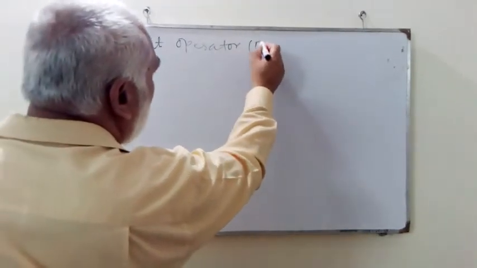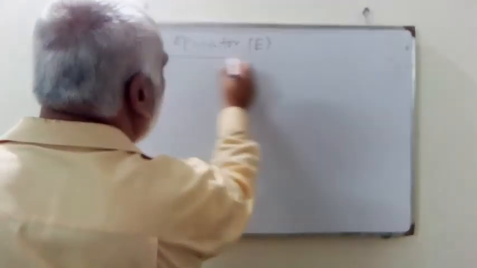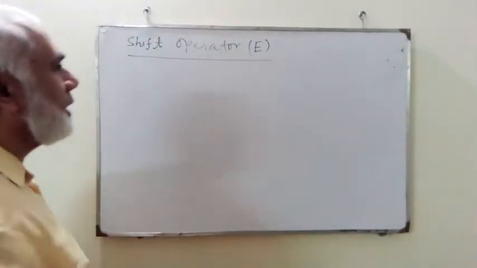The notation for the shift operator is capital E. The shift operator is generally represented by the letter E.